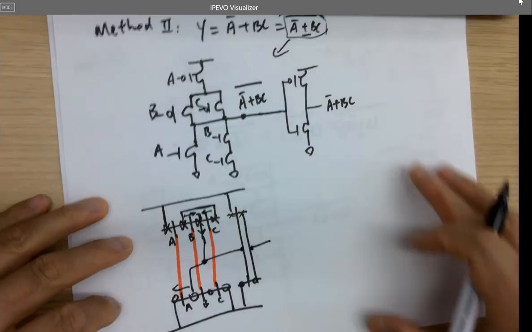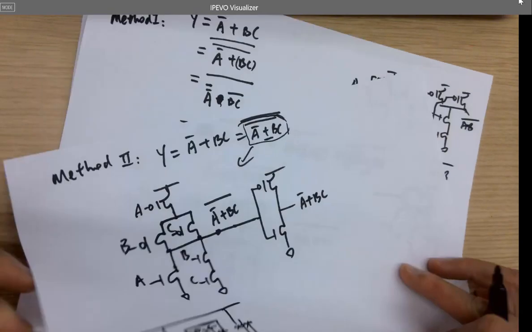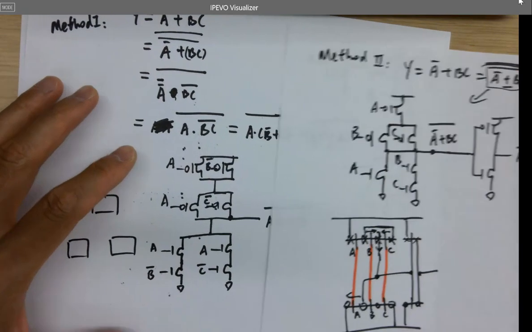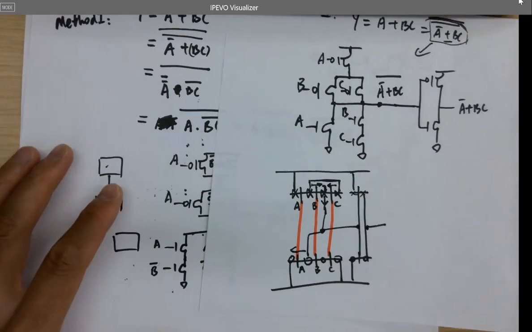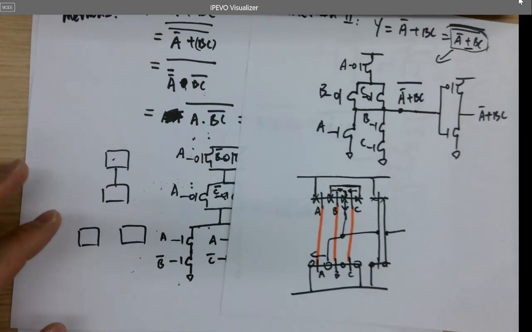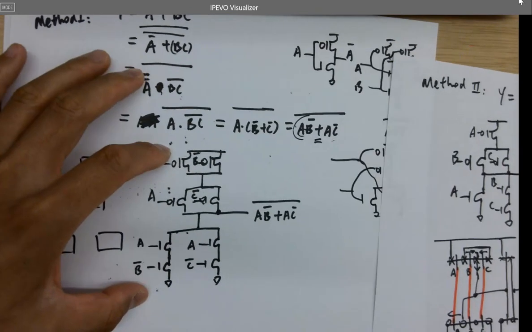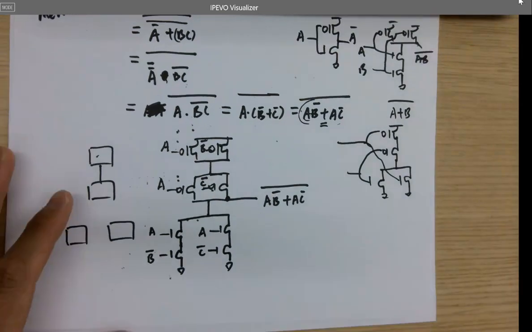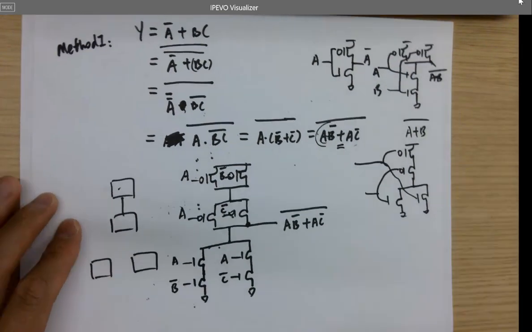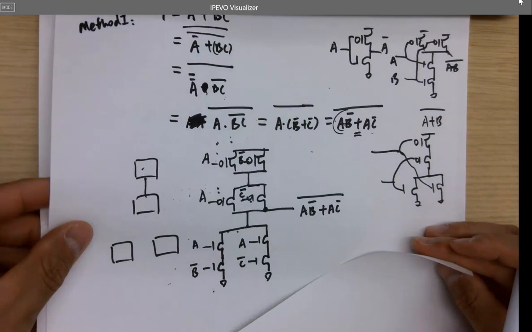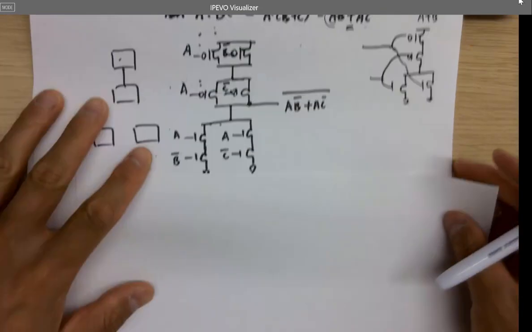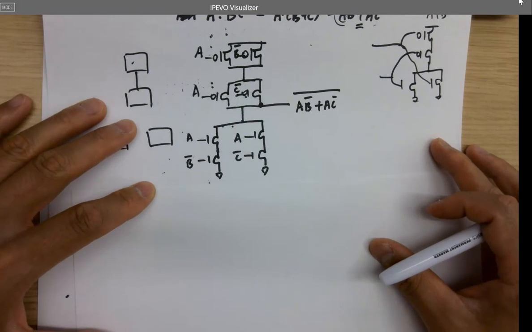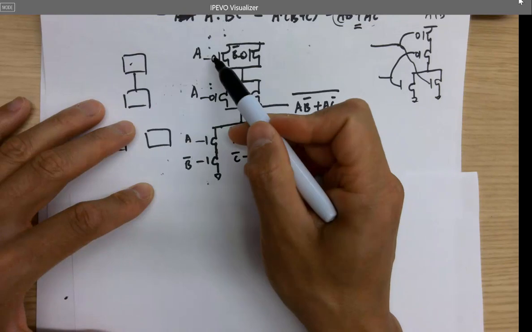Even though this one has the same number of transistors compared to this one, it may be more complicated when you manually lay out the circuit. So now let's come back to this one, see if we can do a one-liner, just one line to include all the transistors. Is that possible? One, two, three, four.